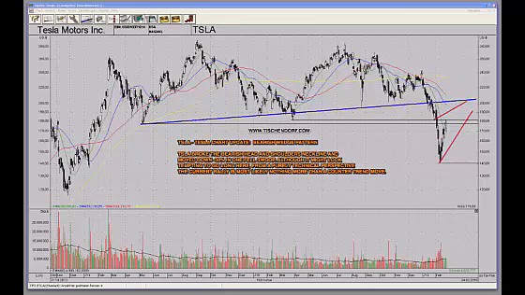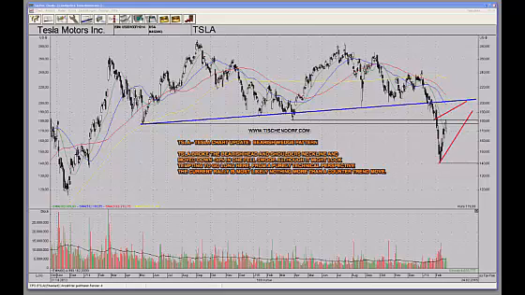Yeah, the thing is, it just started to break down. So again, from a purely technical perspective, if Tesla goes lower, and I think it will, this should only be the beginning of the down move.